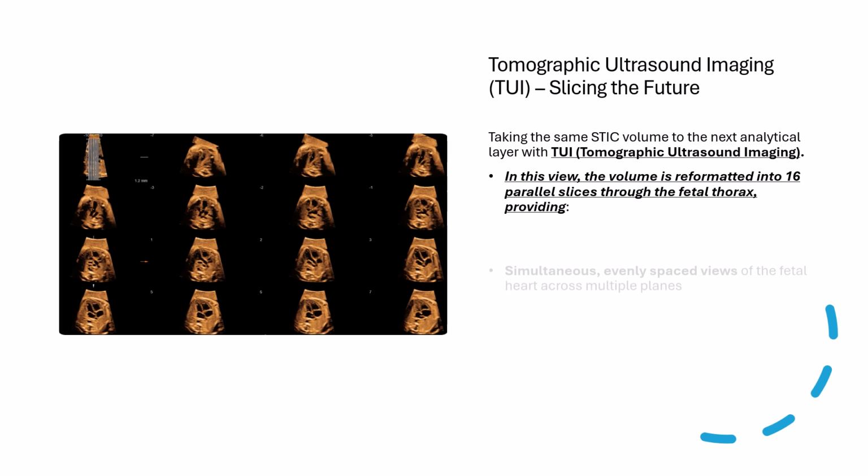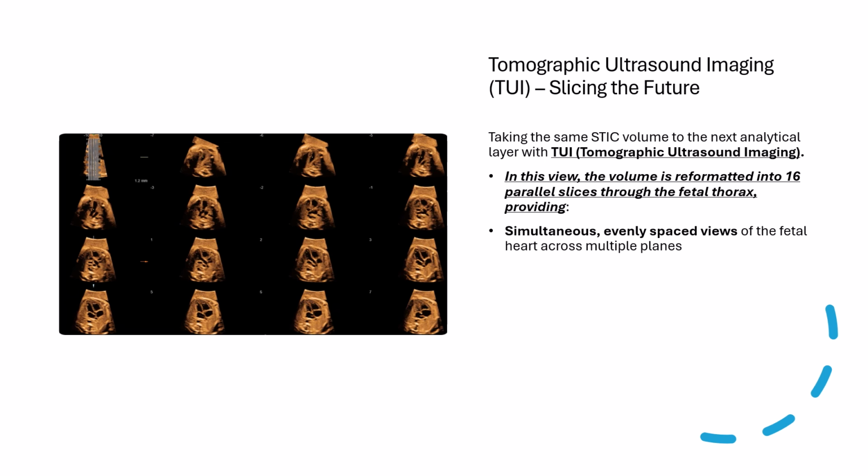Why is this powerful? We gain simultaneous visualization of multiple cardiac planes from base to apex, captured in a single static volume. It allows for direct comparison across adjacent slices, making it easier to catch subtle asymmetries or deviations in structures.